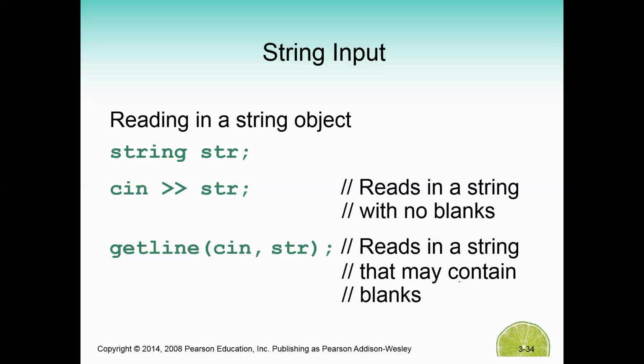When we are going to be working with a string input, with the cin. The cin is going to accept characters, and it's going to think that the end is when it finds a blank or an enter key. So if I have, let's suppose that I have cin string str, and this is a box in main memory.